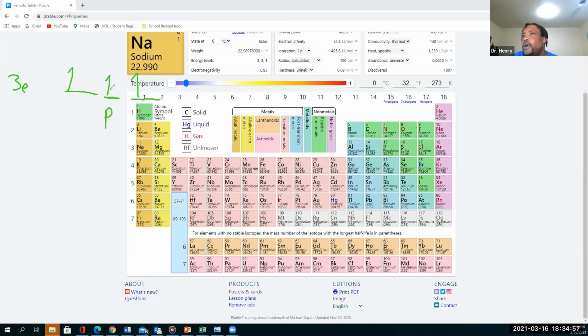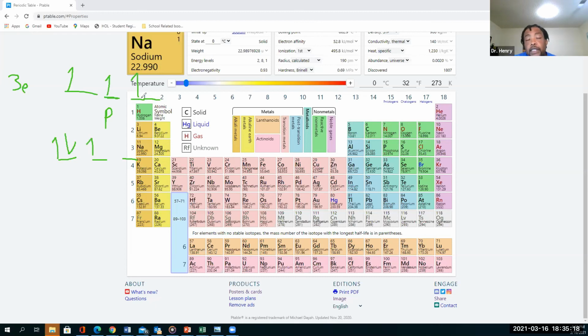The first thing we do is put one in each orbital first, before coming back in and putting another one in. So rather than doing this, we put 1 in each one first.